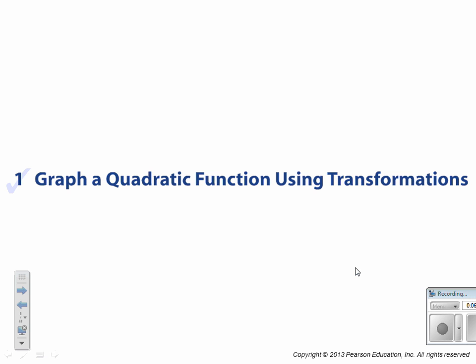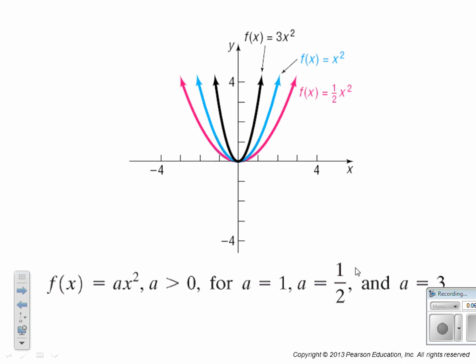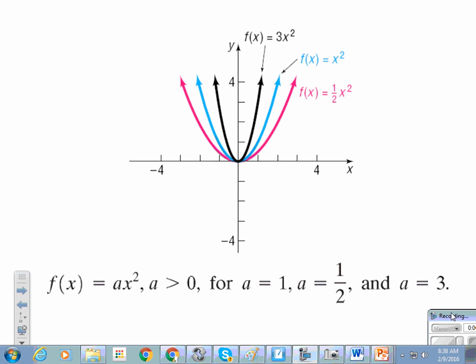All right, so our first learning objective is to graph a quadratic function using transformations. We should be amazing at this because we rocked those transformations last chapter. So go ahead and make a nice little sketch of these quadratic functions when I change the a value.